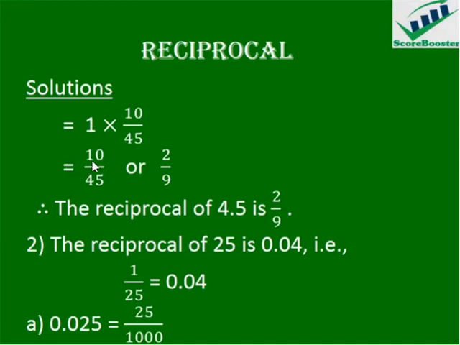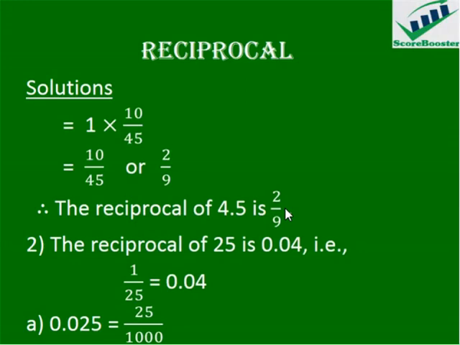If you use 5 to divide the numerator, you get 2, and also 5 to divide the denominator, you have 9. So the lowest form of 10 over 45 is 2 over 9. Therefore, the reciprocal of 4.5 is what? 2 over 9, because it's always good to write your answer in the lowest form. So that is the reciprocal of 4.5.